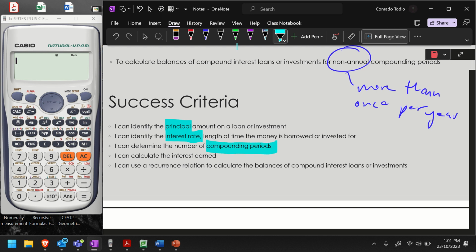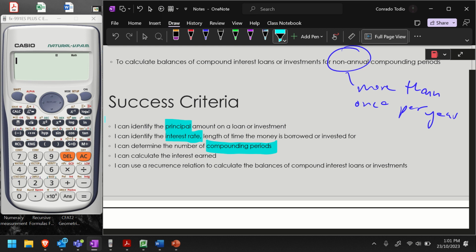With this part, you're normally looking at the number of times per year if it's more than once. So if I was to ask you guys, let's see, Chris, how many months are in a year? 12. Charlotte, how many weeks are in a year?